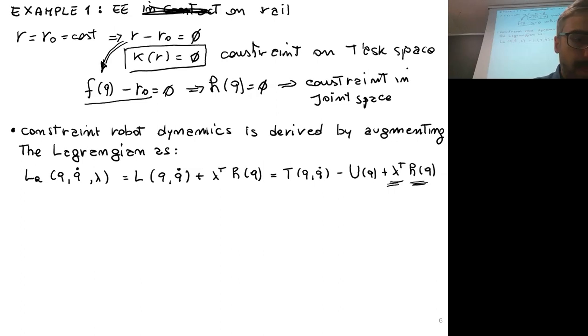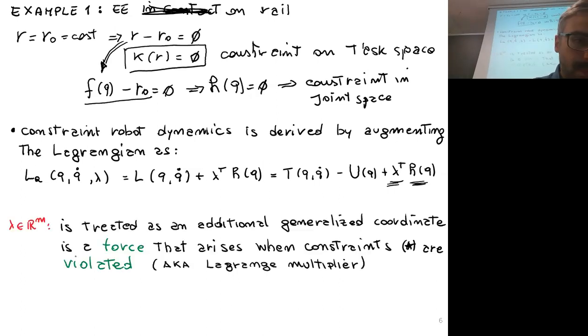And so lambda will be treated as an additional generalized coordinate, and is the constraint force that arises when the constraint h is violated, and is also called Lagrange multiplier.